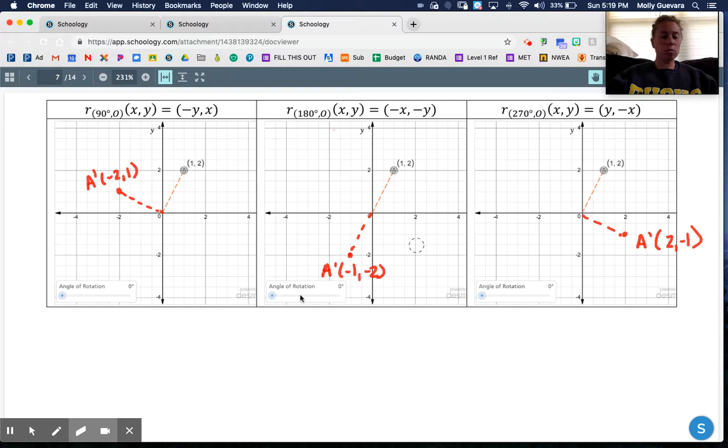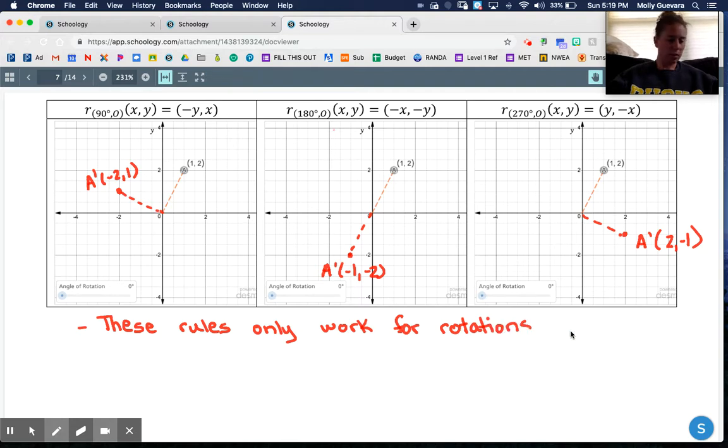So these are just rules that we can follow, okay? But there's a couple stipulations here that I want to write down. Okay, so these rules only work for rotations around the origin.